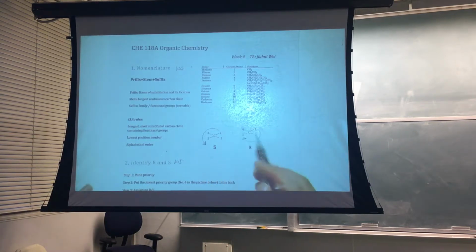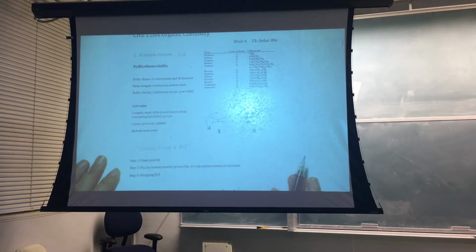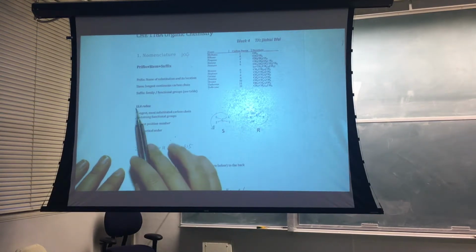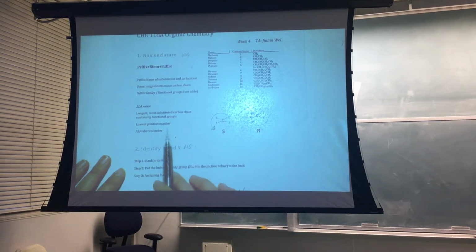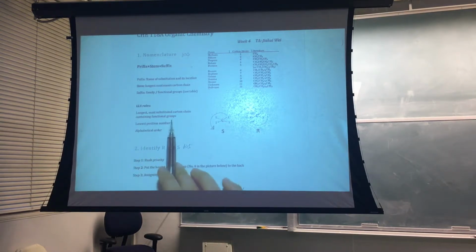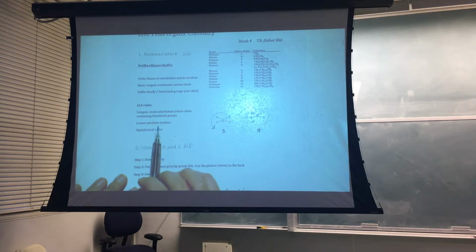That's it. And then when you really start to name a compound, you follow the LLA rules. That's the most handy one, I think. So basically just find the longest chain and find the lowest position numbers for all the substituents. That becomes a question, because some of you might have heard or learned from other videos that you start from the end that's nearest to your functional group.